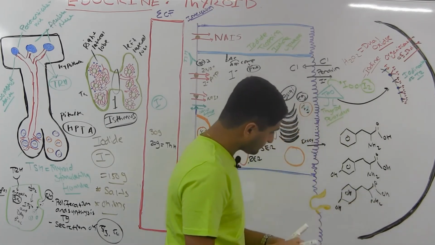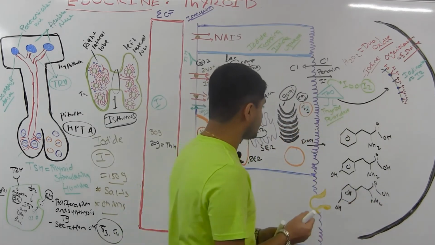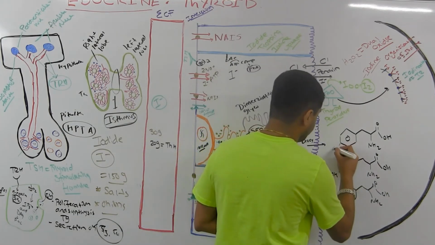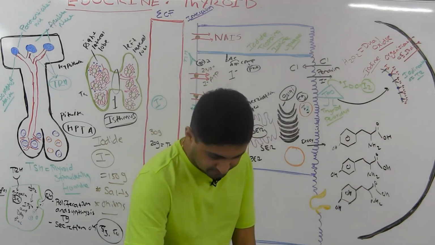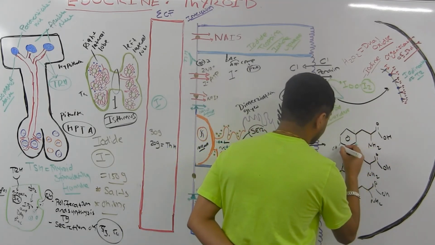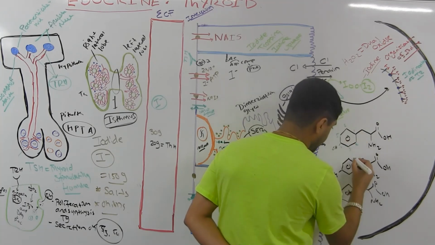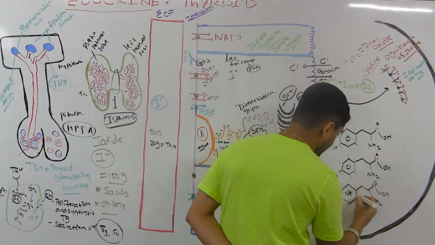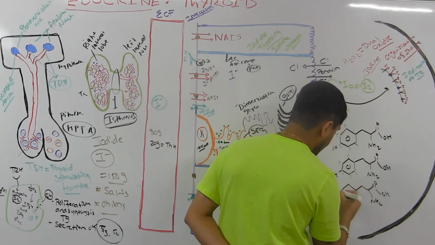The reason I'm drawing this is, look, obviously you guys have an OH in here. Let's label this: this is 1 position, 2 position, 3 position, this is 4, this is 5, this is 6. Again, 1, 2, 3, 4, 5, 6. Again here, 1, 2, 3, 4, 5, and then 6.